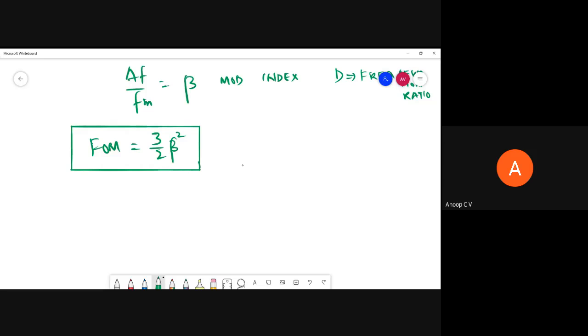Now, from this specific example, we can obtain some more results. We have studied single tone FM, and we can categorize it into narrowband FM and wideband FM. Narrowband FM is the case when beta is much less than 1, and wideband FM is when beta is comparable to 1 or greater than 1.